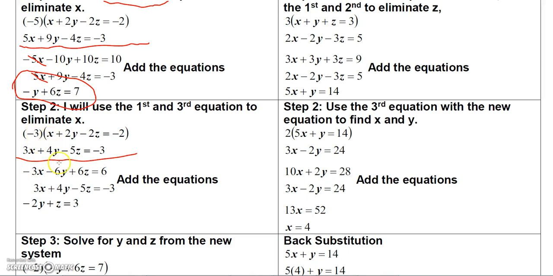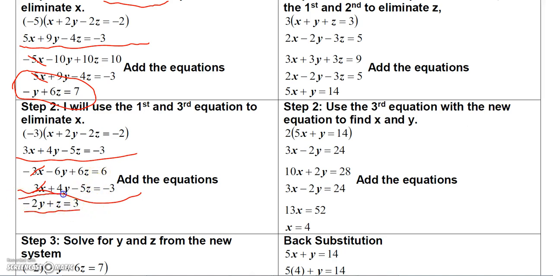I get negative 3x minus 6y plus 6z equals positive 6. And now I'm going to add that to the third equation, and notice that when I add, the x's cancel again, and now I get negative 6y plus 4y is negative 2y, and then 6z minus 5z is 1z, and 6 minus 3 is 3.